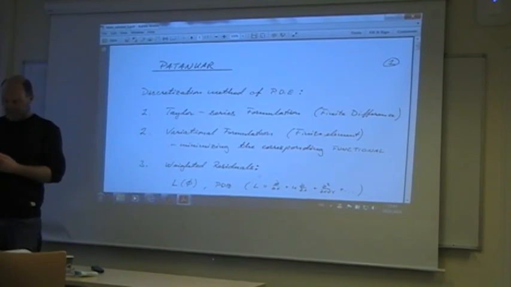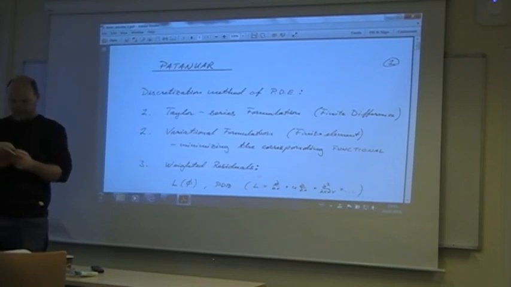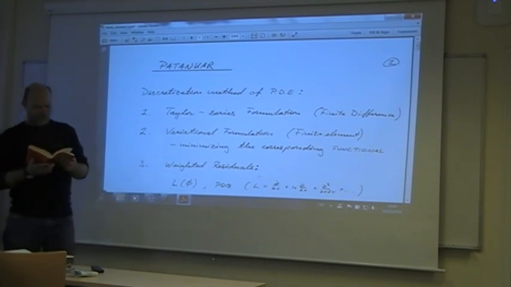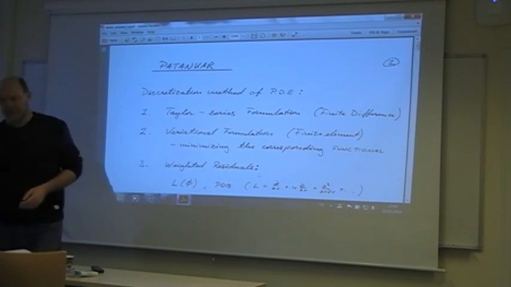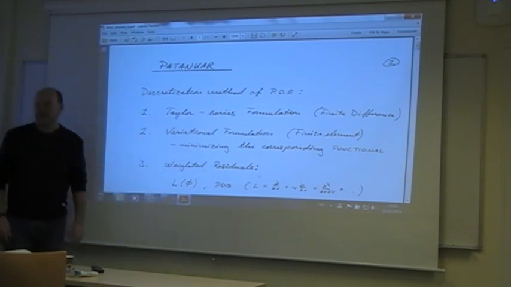Also, I love his conclusion. I think he said it here somewhere. Oops. First order upwind scheme is inaccurate and should not be used. I like it. But we'll see that next week.